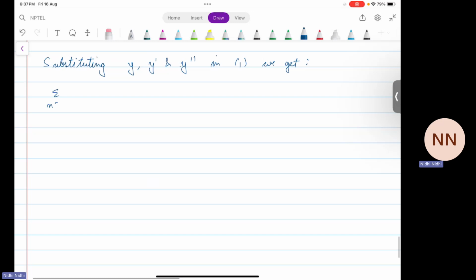summation n from 2 to infinity n times n minus 1 cn x minus 1 to the power n minus 2 times x, plus summation n from 1 to infinity n cn x minus 1 to the power n minus 1, plus 2 summation n from 0 to infinity cn x minus 1 to the power n equals 0.